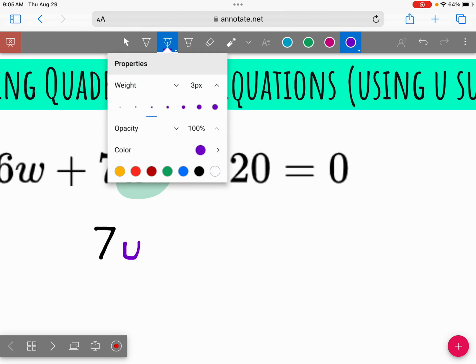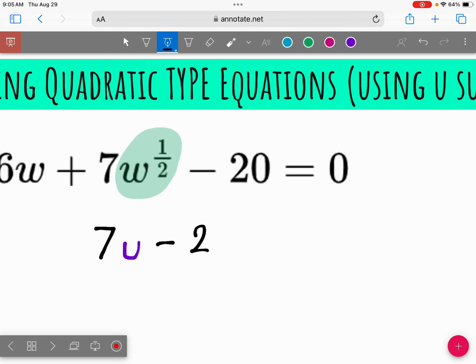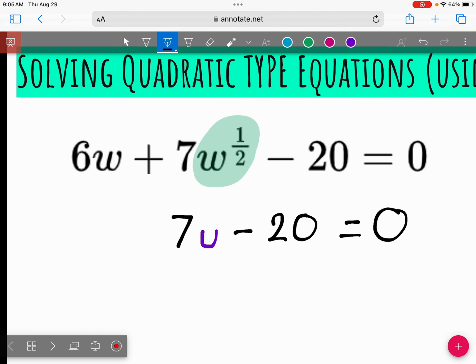We like that way better. This 20 doesn't change. Still going to equal 0. What variable can we put with our 6? U squared. W to the 1/2 when squared would be just W.